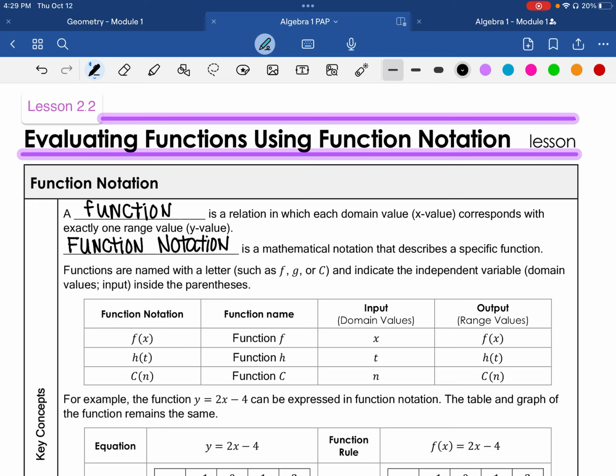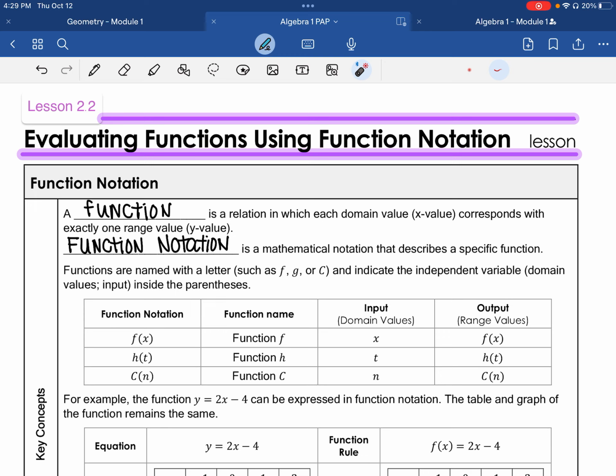Function notation is a mathematical notation that describes a specific function. Functions are named with letters such as F or G or C, as you can see right here in the table, and they indicate the independent variable, our domain values, and our input inside the parentheses.